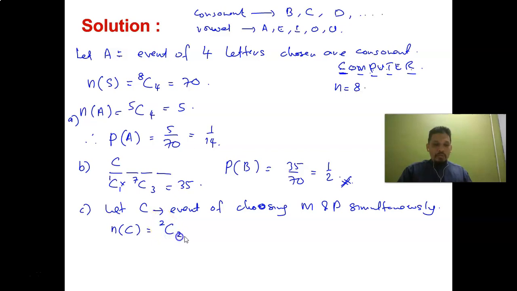Out of these two, we take both of them, M and P. Then multiply with what's left now, since M and P have been taken: 1, 2, 3, 4, 5, 6. So 6 letters are left here now. Then we choose another 2. Use the calculator, the answer here is 15. So the probability of choosing M and P simultaneously equals 15 divided by 70 equals 3/14.